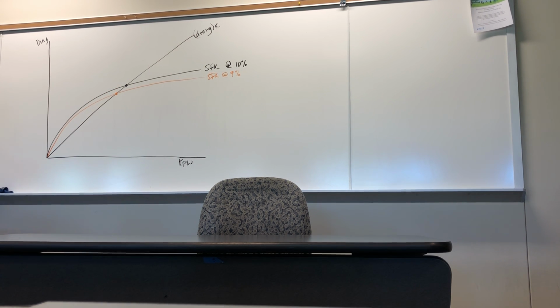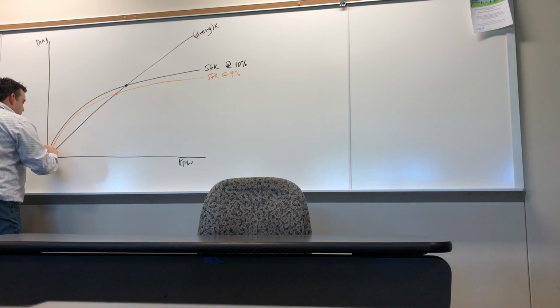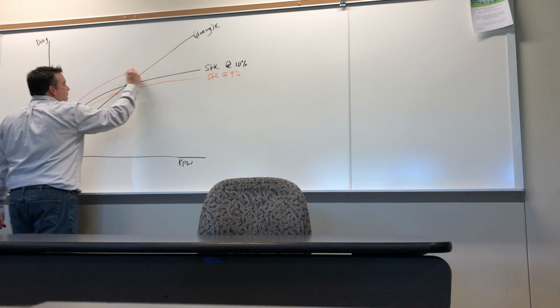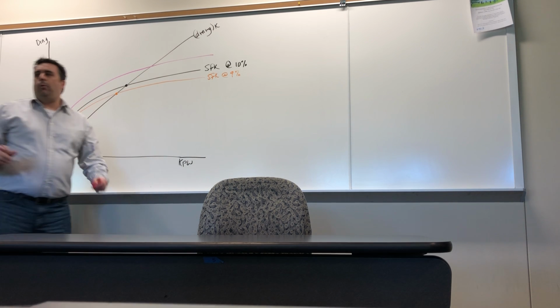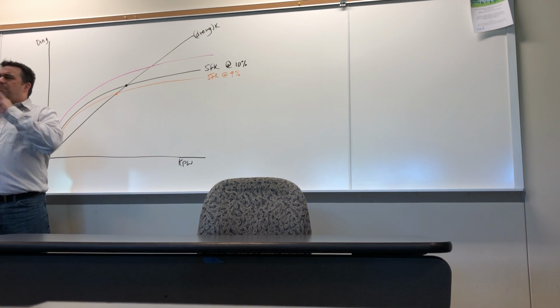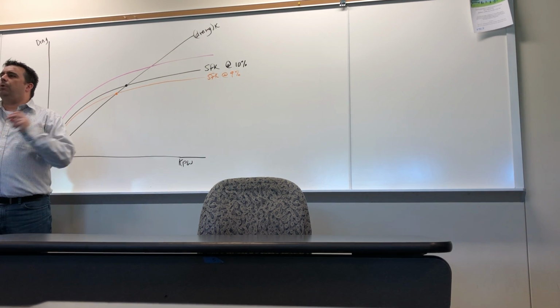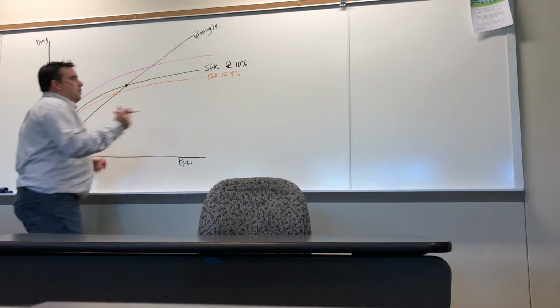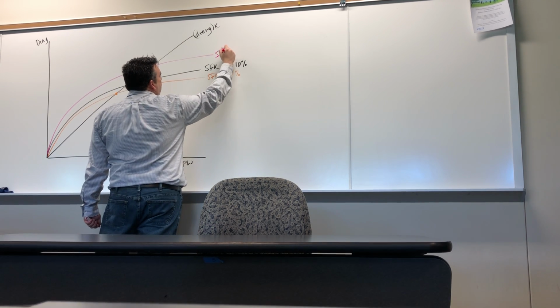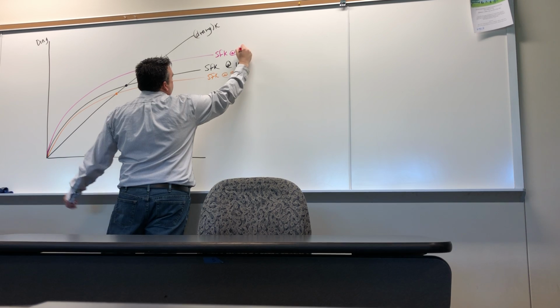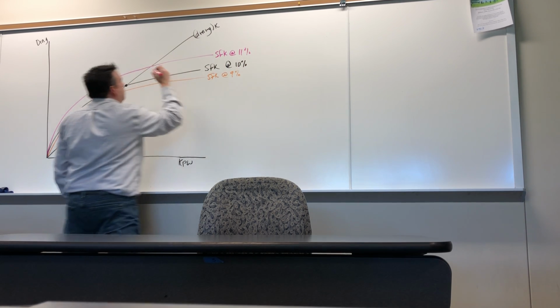And what if savings was 11% or 13% or 12% or 16% or 18.5% or any possible theoretical number I could come up with, right? I would have all of these other possible points.